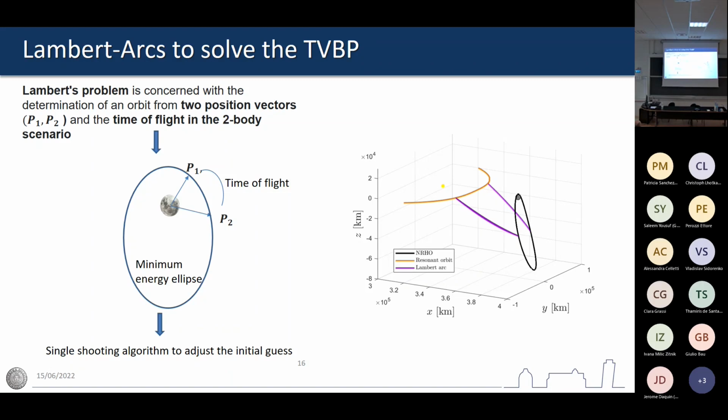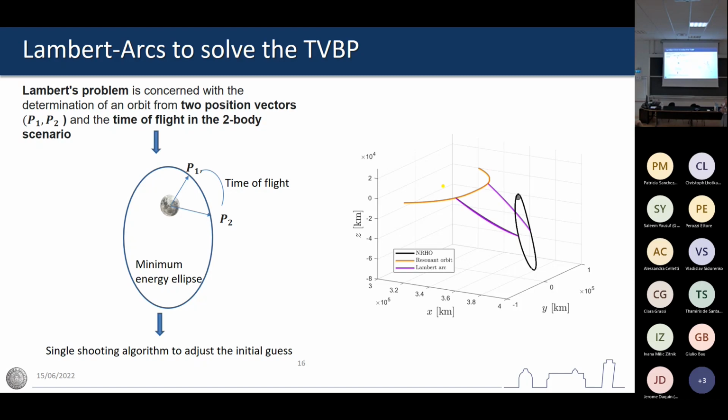So we also investigated a way to save some time, exploiting this idea of Lambert-Arcs. So the Lambert theorem is usually used in the two-body problem to find an ellipse or an orbit that passes by 2 points.